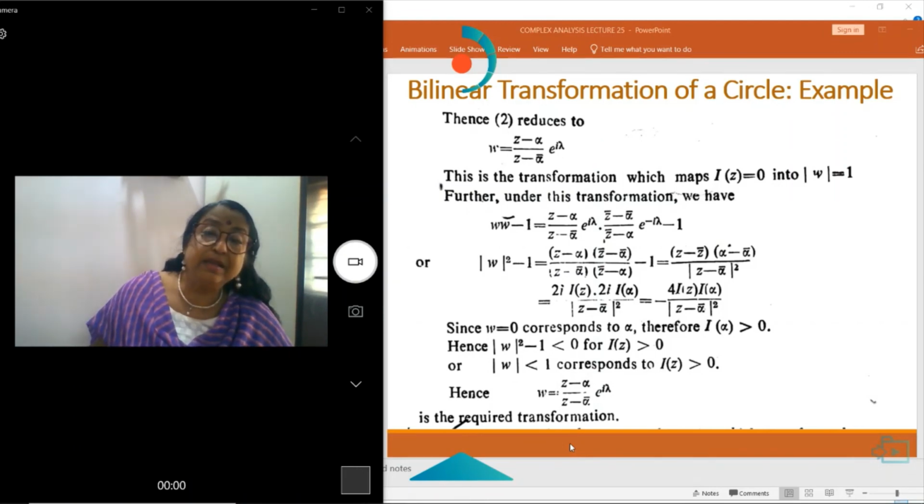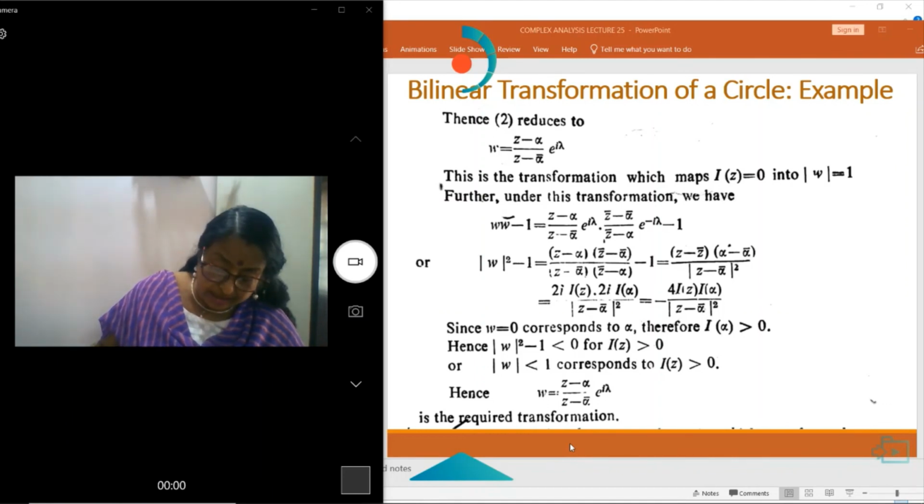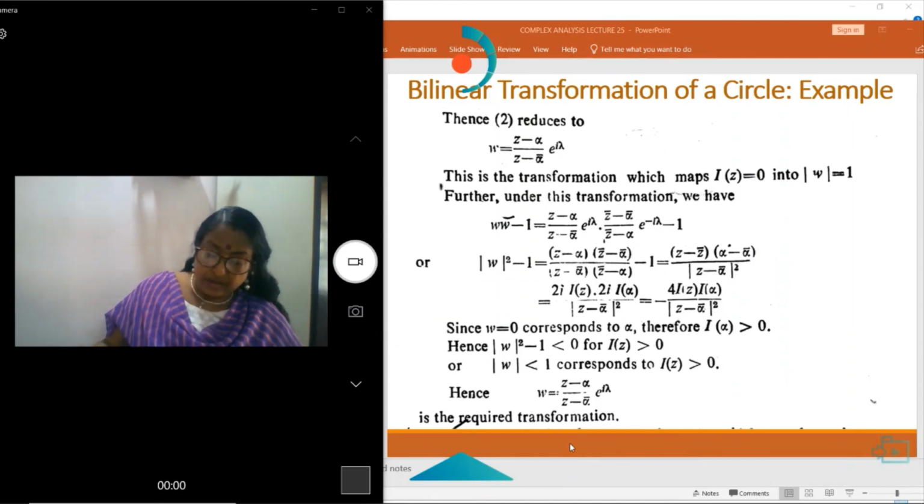Iz means the y-axis, and y-axis greater than 0 means the positive value of y. Hence the transformation W equals (Z minus alpha) divided by (Z minus alpha bar) times e to the power I lambda is the required transformation.